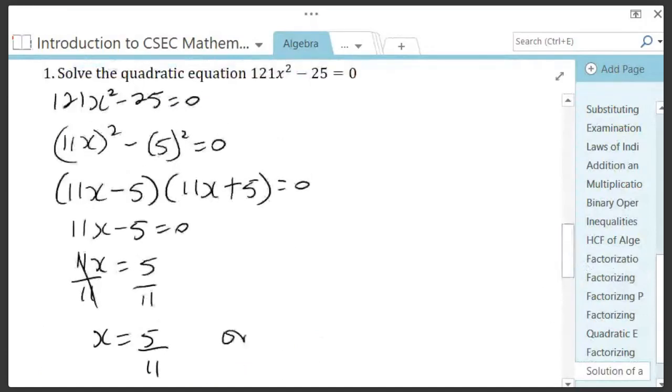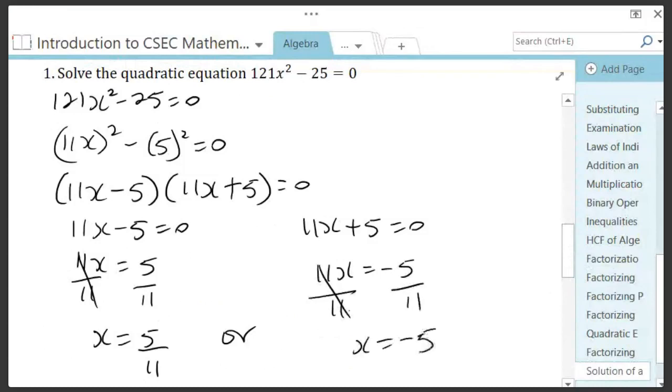Or we have here 11x plus 5 is equal to 0. 11x is equal to minus 5. Divide by 11, divide by 11. X here is equal to minus 5 over 11. So you have two values of x. 5 over 11 or minus 5 over 11. How many of you all got that?